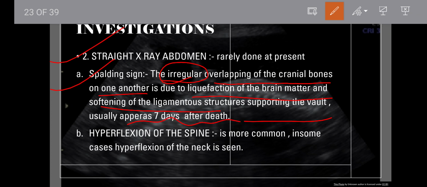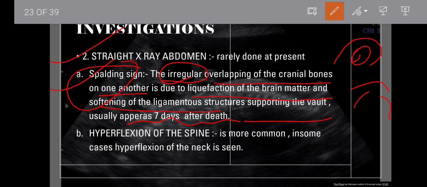So after 7 days of the intrauterine fetal death, there is a liquefaction of the brain matter and the softening of the ligamentous structure that supports the vault. So there is overlapping of the cranial bones on X-ray, which is known as the Spalding sign.